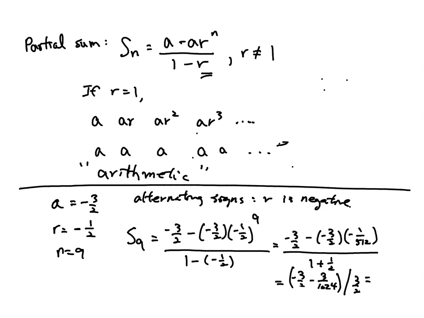I'm going to punch the numerator in the calculator just to save some time. So negative 3/2 minus 3 divided by 1024.